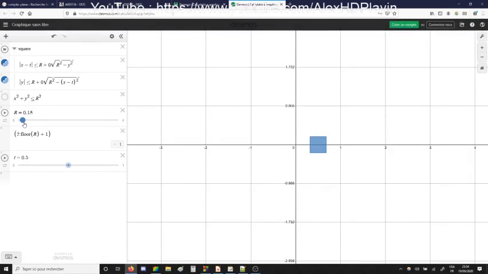You might see something once I get to r equals 0.5. Just going to increase it a little bit. Here there are two things, but our upper bound says there's only one thing here. Is it not accurate? It is not.